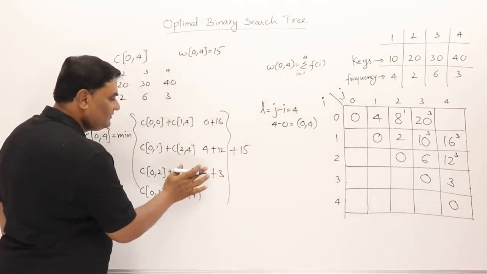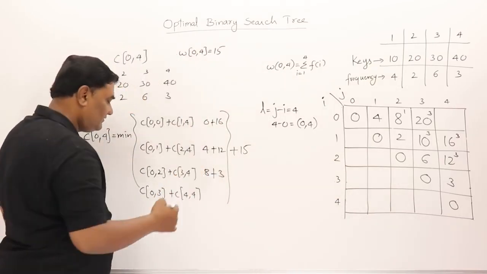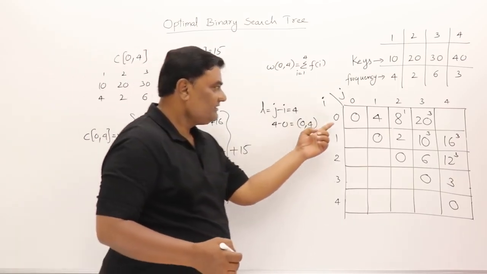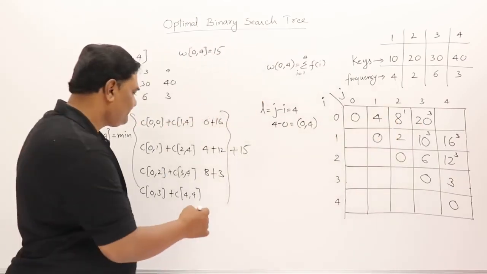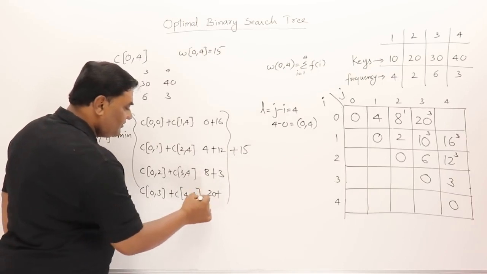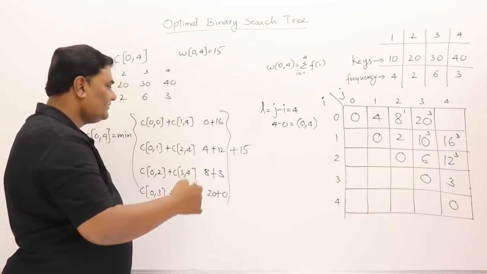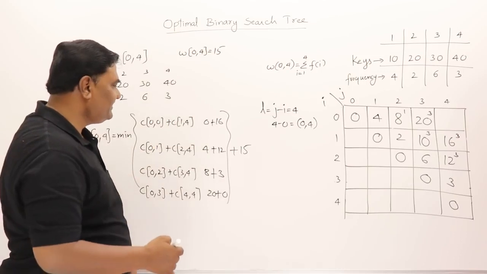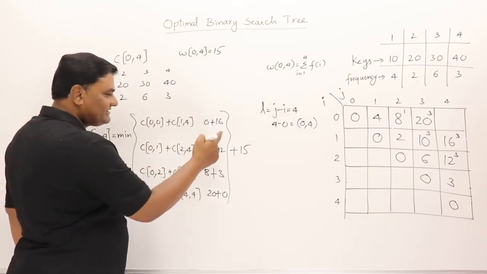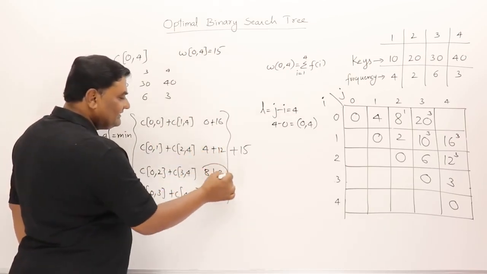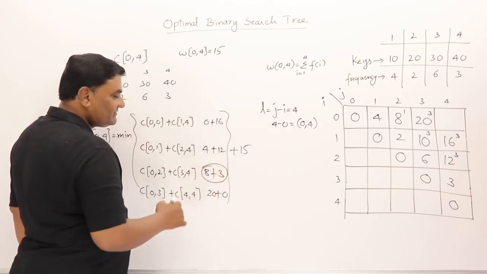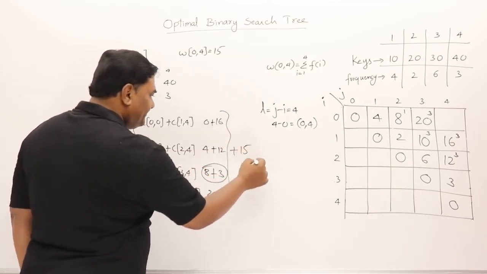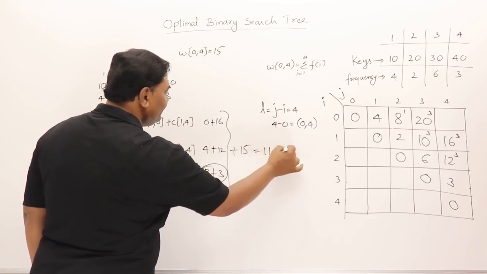Then 0, 3. 0, 3 is 20. Plus 4, 4 is 0 only. So out of these, which is giving the minimum result? This is 16 and this is also 16 and this is 11 and this is 20. So the minimum answer is 11 plus 15.